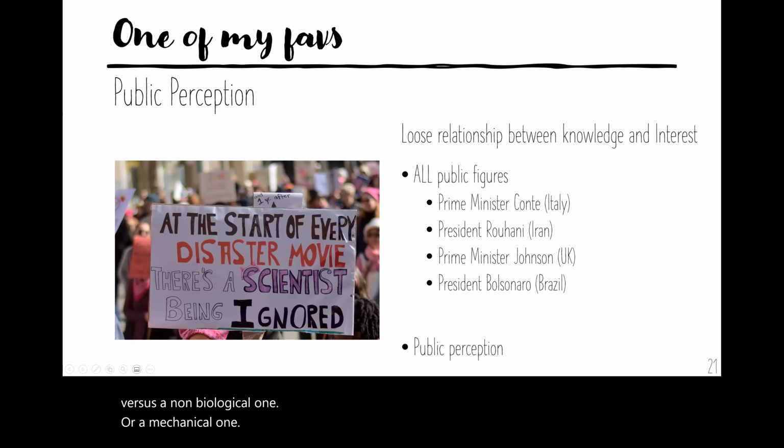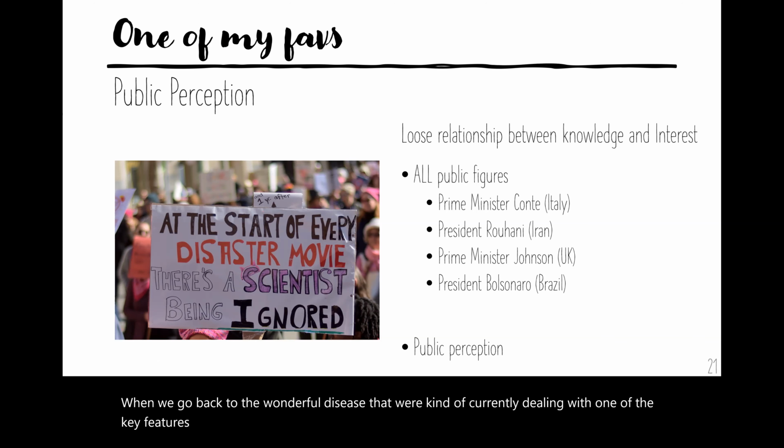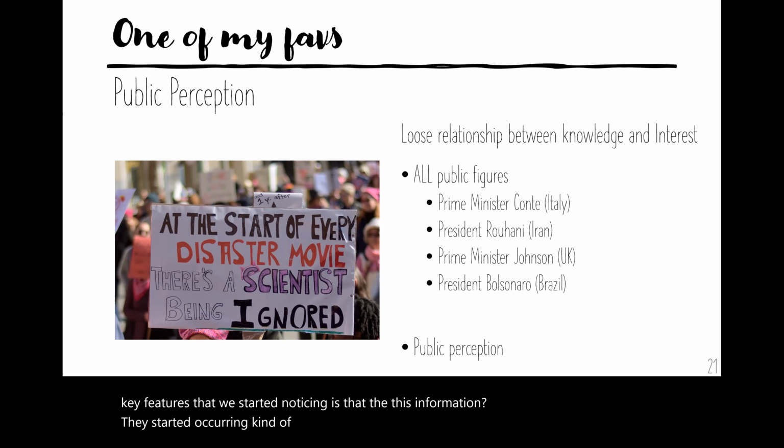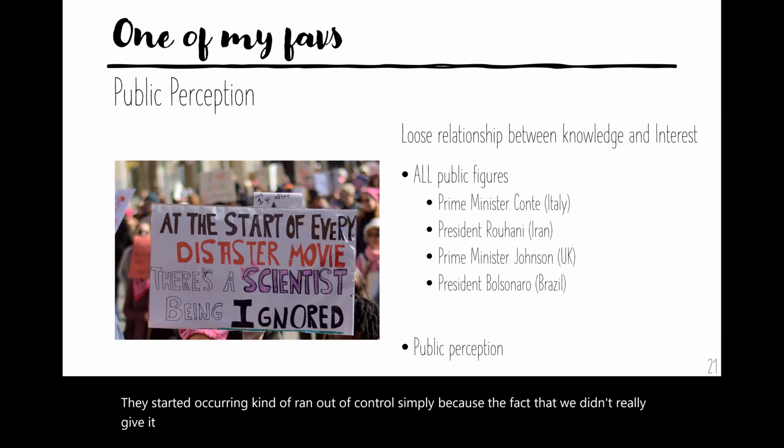So when we go back to the wonderful disease that we're currently dealing with, one of the key features that we started noticing is that the disinformation that started occurring ran out of control simply because we didn't give it the importance that it needed to have.